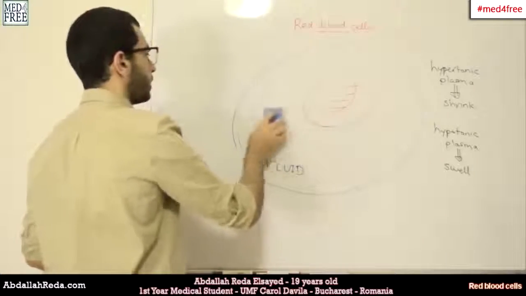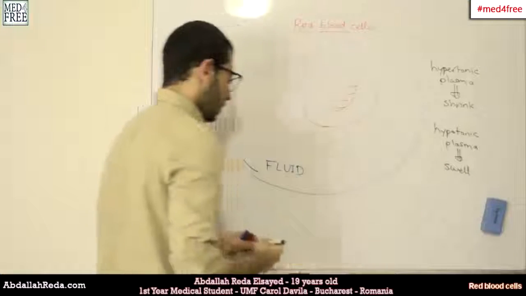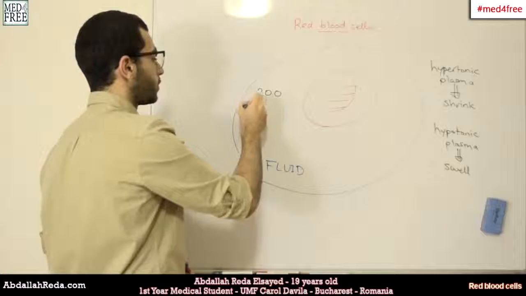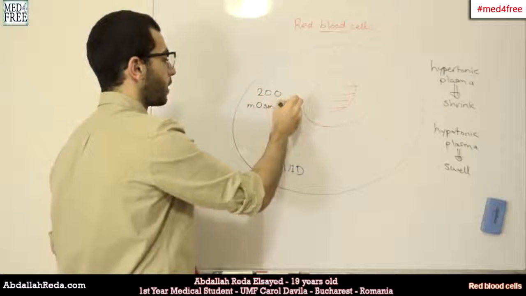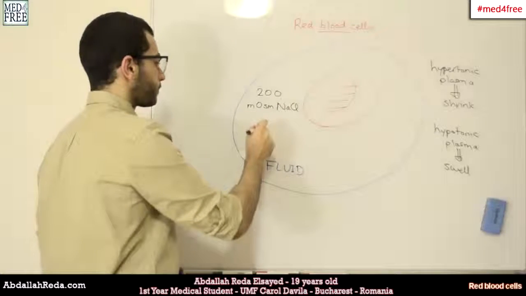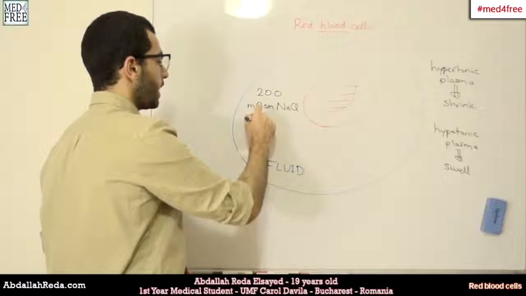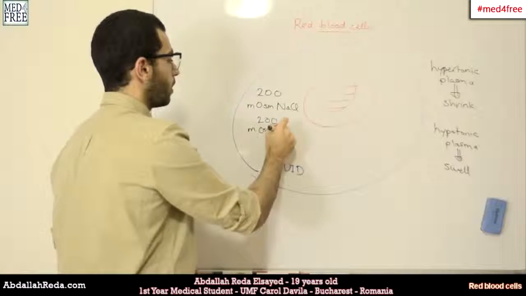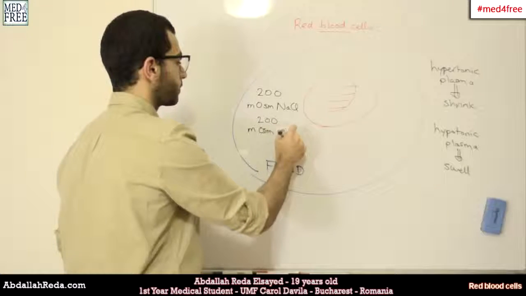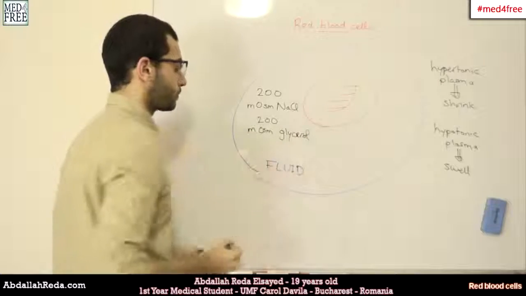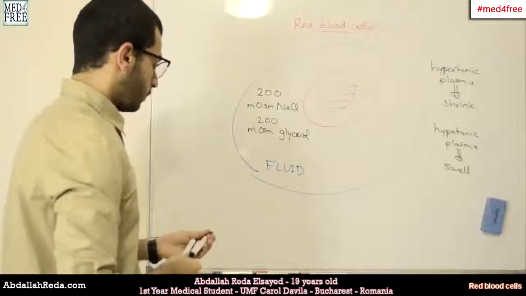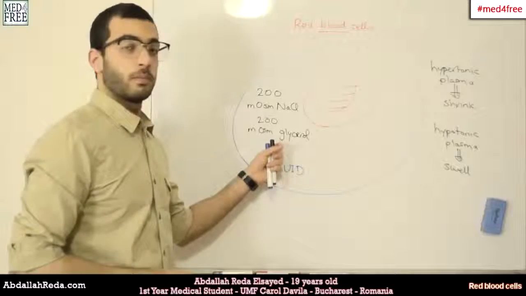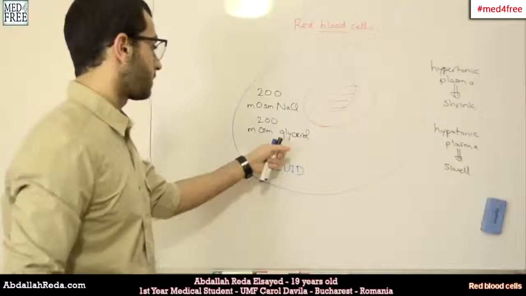But here's the tricky part. If we have 200 milliosmoles of sodium chloride, and at the same time we have 200 milliosmoles of glycerol, now we said urea is a penetrating substance, but glycerol is a slow penetrating substance.